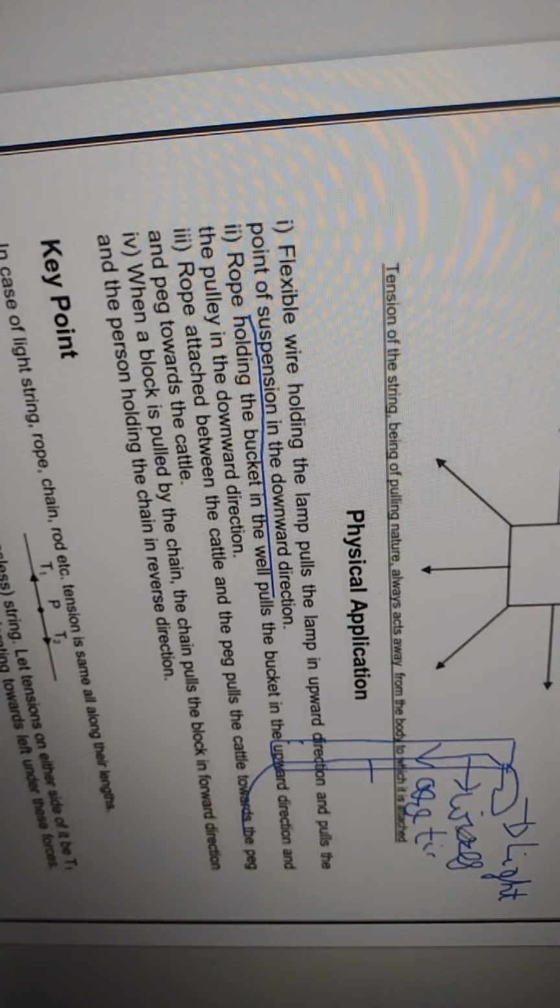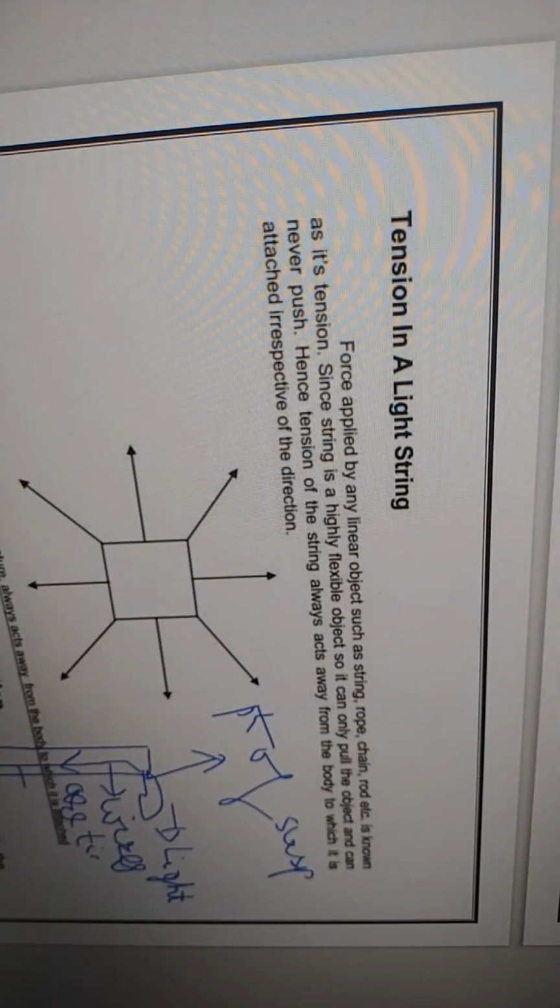The point of suspension is this one, from where the bulb has been held. So this is pulling the point of suspension downwards.